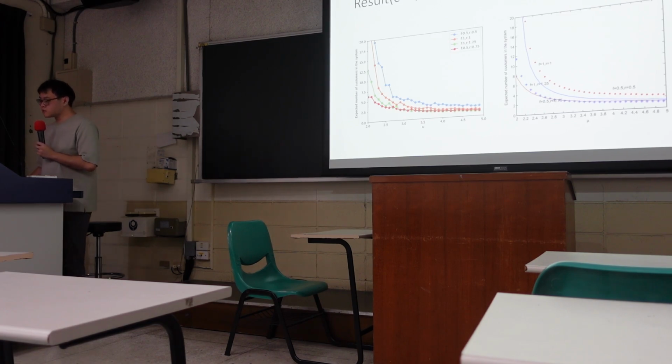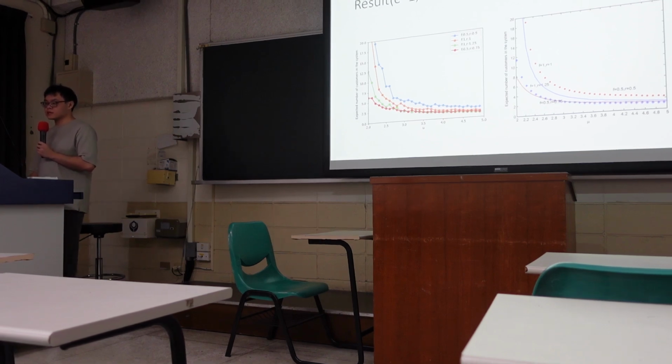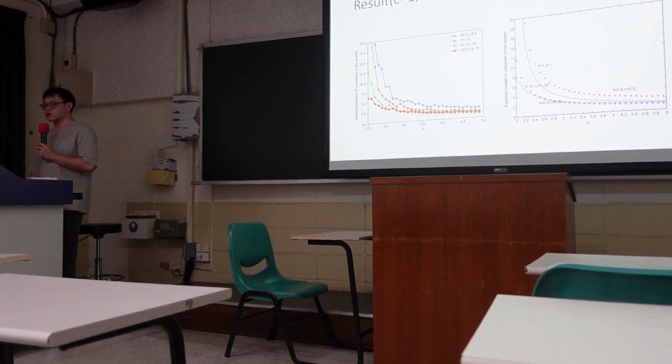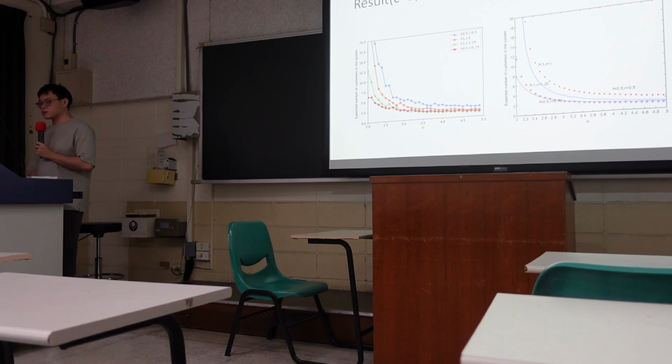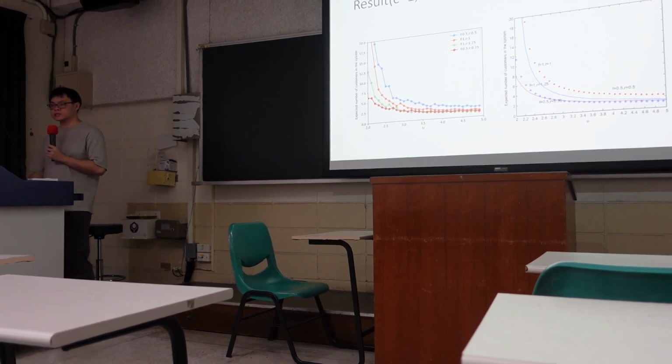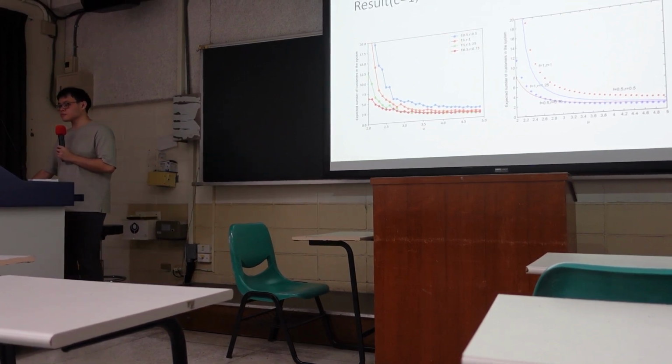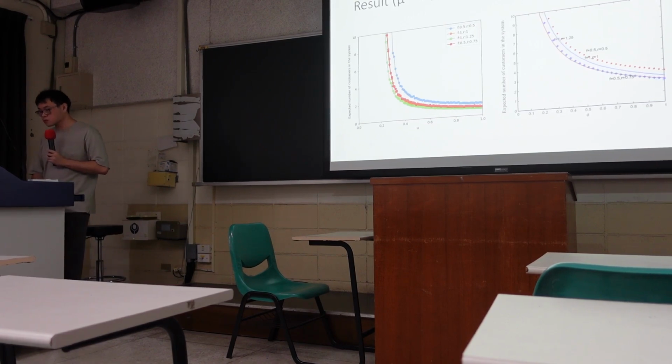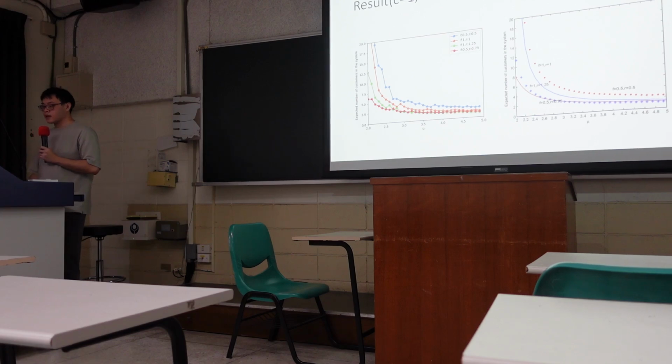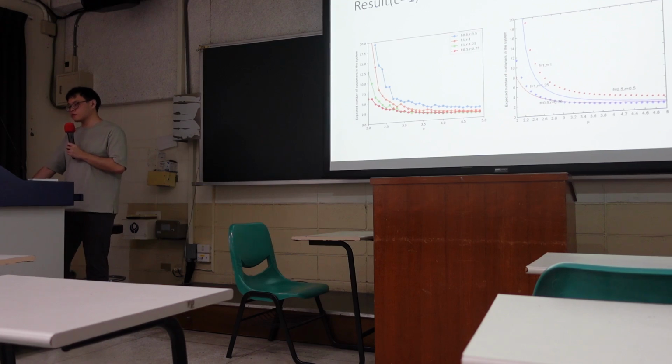And this is the result of the case where we have a single server system, that is C equals 1, and no customer abandonment, meaning theta and theta plum equal 0. And on the left is my simulation result under different combinations of breakdown and repair rates.